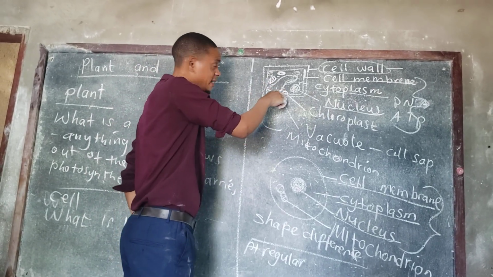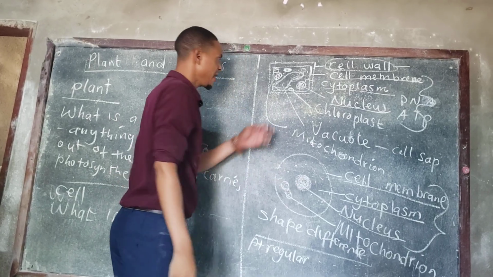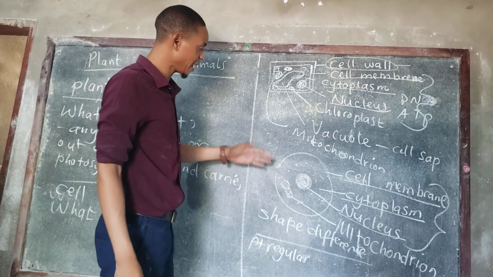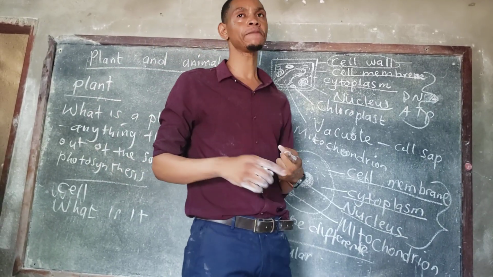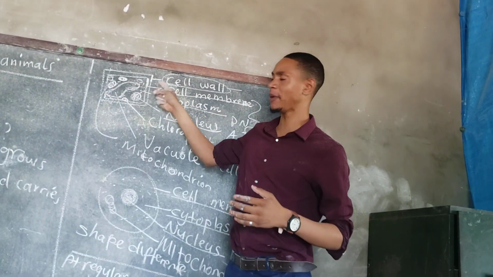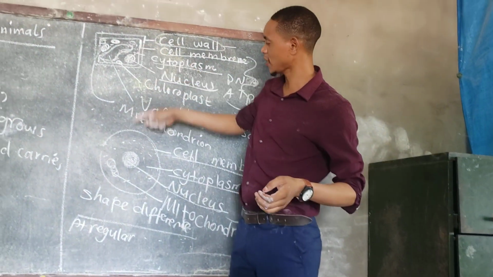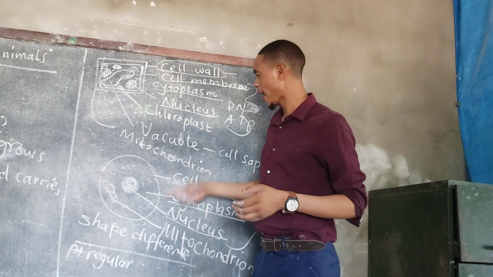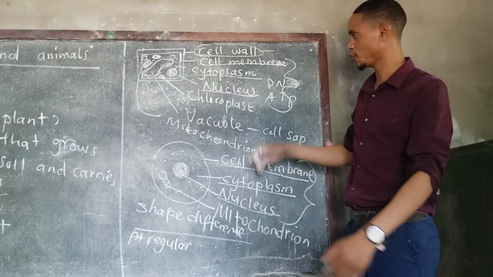A plant cell has a vacuole, while an animal cell does not contain a vacuole. These are the differences you need to take note of, because examiners will look at the structure, ask you to identify the parts of a plant cell or an animal cell, and to tell the difference between them, structure-wise and organelle-wise.